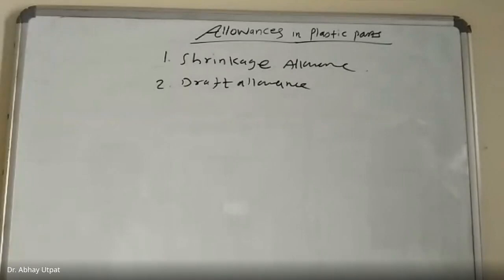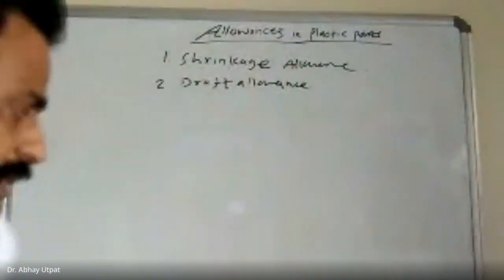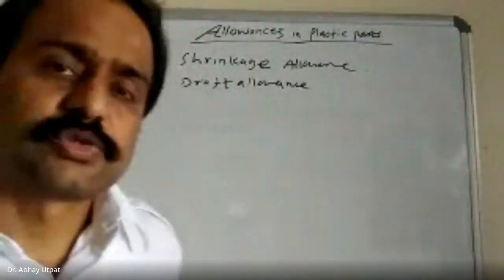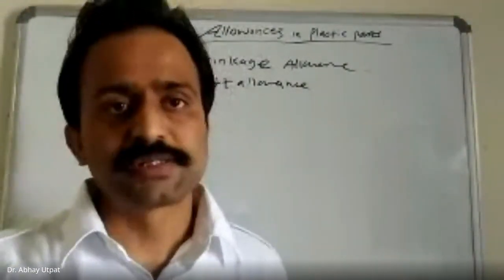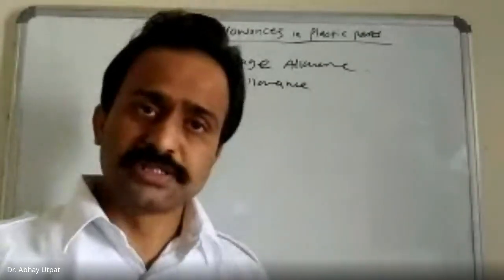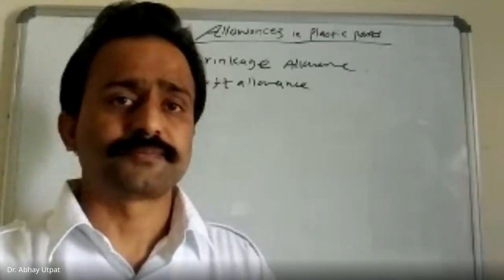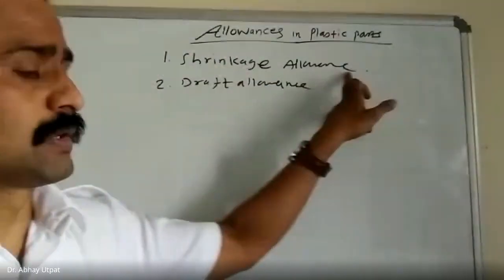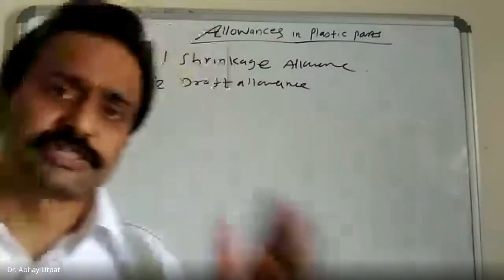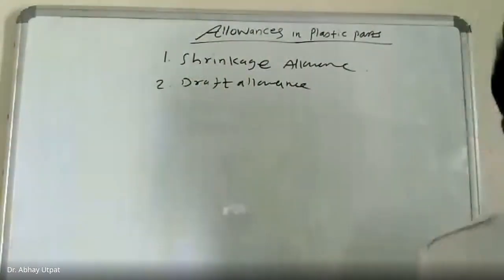As far as shrinkage allowance is concerned, you know that plastic materials have different properties as per different chemical structure. So polypropylene is different, polyethylene is different, PVC is different, polycarbonate is different, nylon is different. As per different structure, the shrinkage allowance varies, because every material shrinks in a different way.